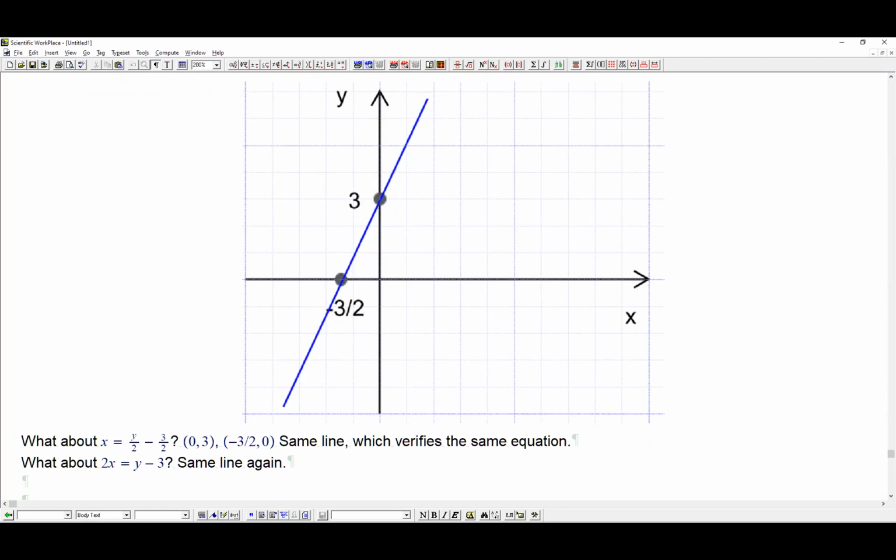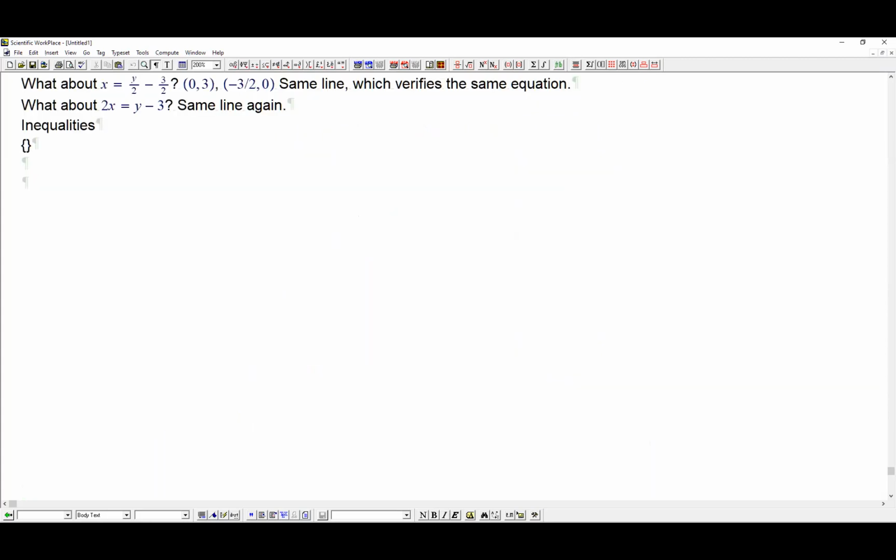So now inequalities, real quick. Say I have the same equation: the set of (x, y) such that x is now, we had equal to y over 2 minus 3/2, but now instead of equal, let's have smaller.